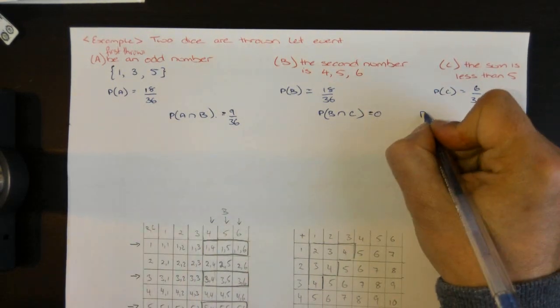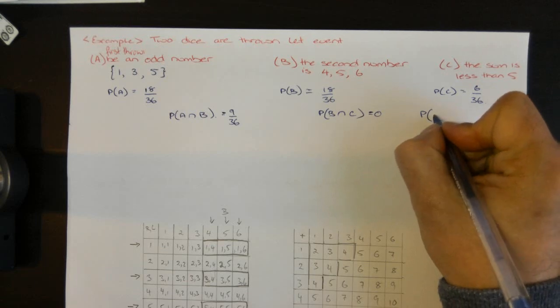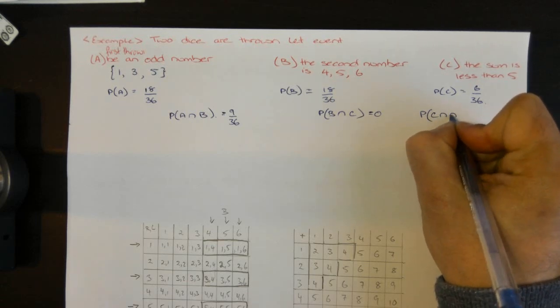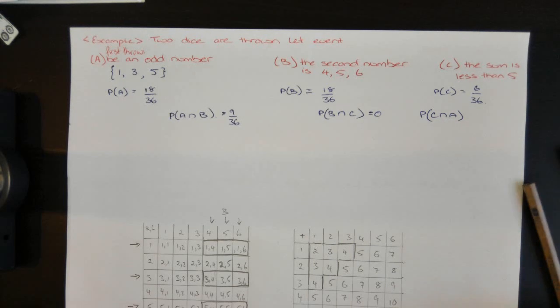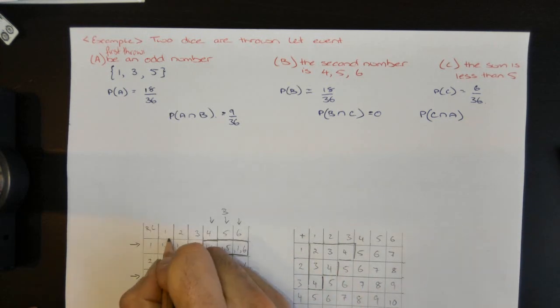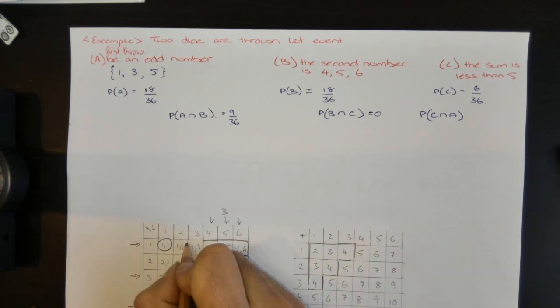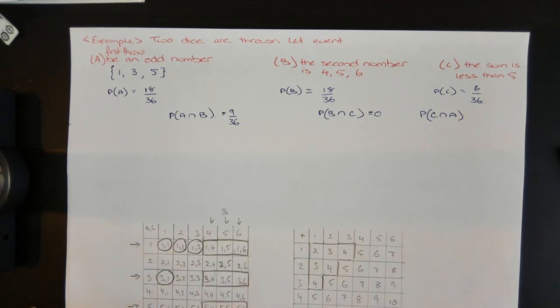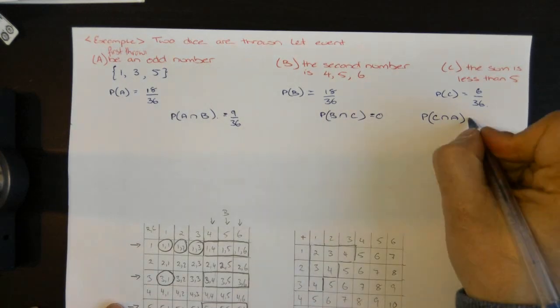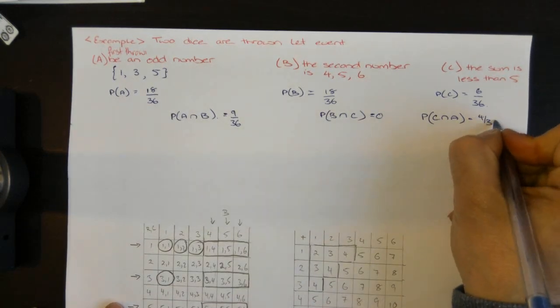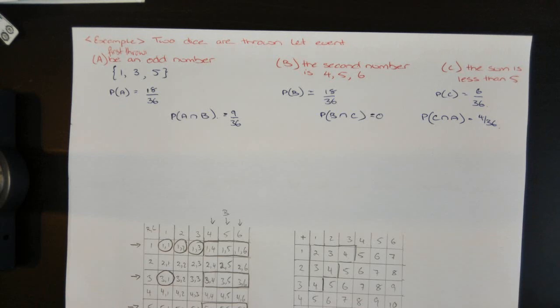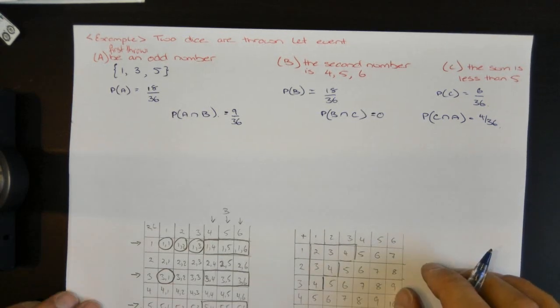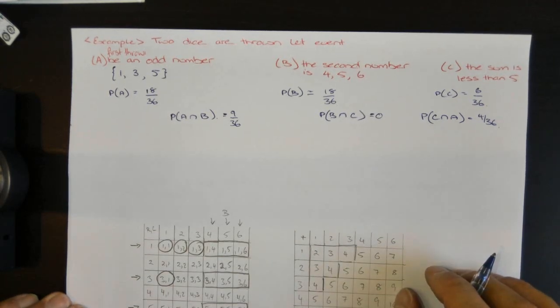And now we want C intersected with A, or A intersected with C. And so that's basically those 4. So we've got 4 over 36.